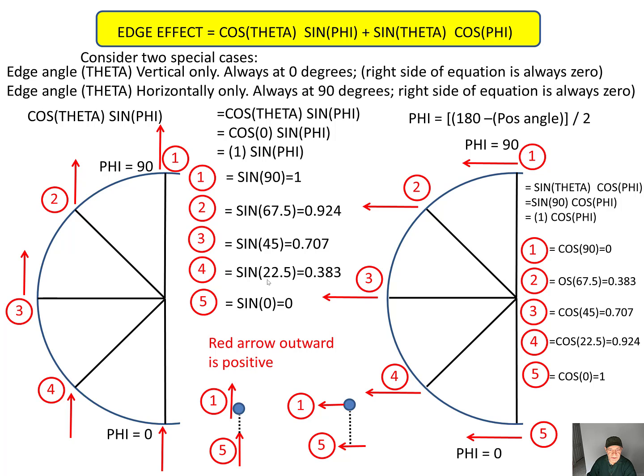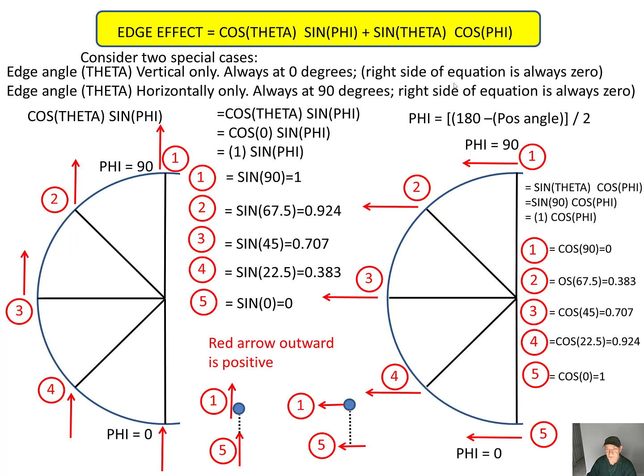On position 3, phi is at 45 degrees, the effect will be 0.707. And then when you go to position 5, phi is 0, the effect is 0, which is true because a vertical component on the inductor here has no induction. So this is how it's shown between when phi is at 90 degrees and when phi is at 0 degrees.